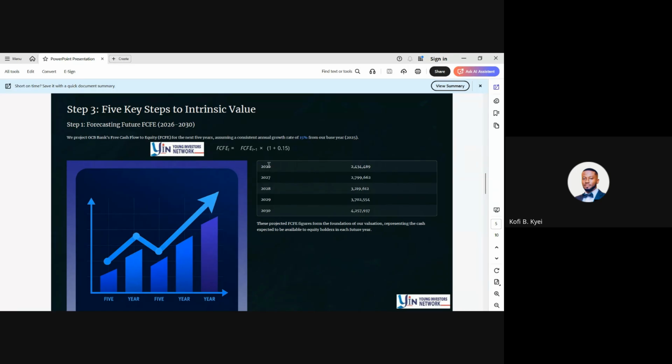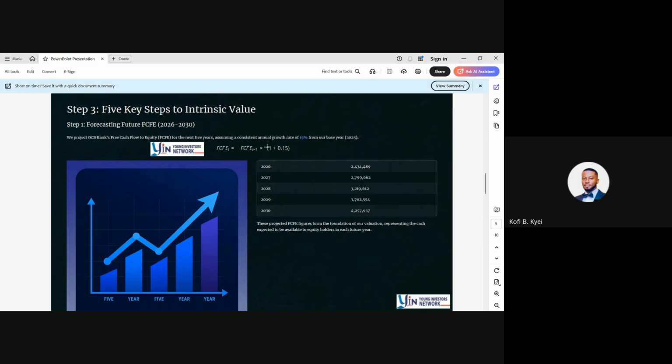Okay, so in 2026, this is the formula for the free cash flow for the years going forward. In Excel, what you do is you pick this figure and you apply this formula to it. So this 2434489 will be the FCFE in time 1.